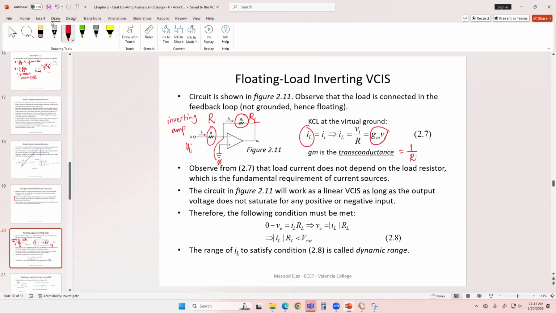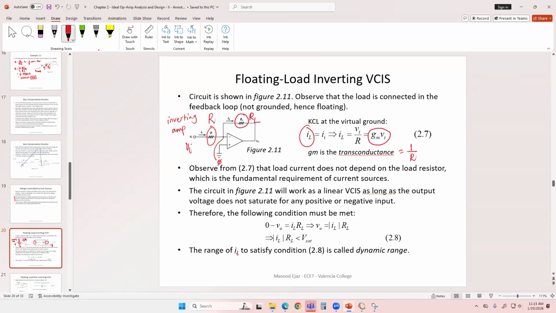GM, of course, is going to be a constant value as long as your resistor R is constant, which means that the load current just depends on the value of R. As long as it is constant, the load current is going to depend just on the input voltage.